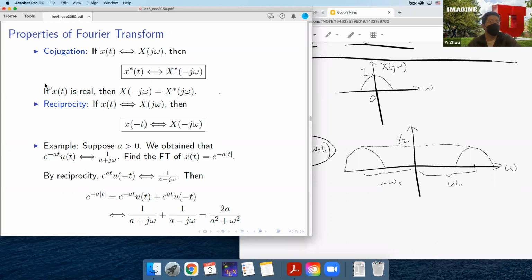And in particular, if the signal is real valued, then we have this conjugate symmetry property. And also, if we reverse the signal, the corresponding spectrum will be reversed. So these are very standard ones.